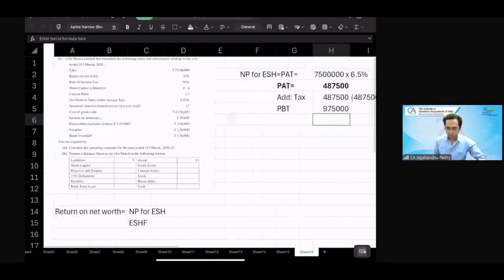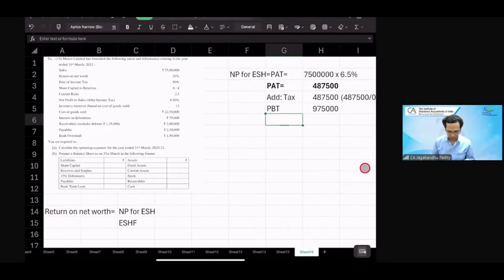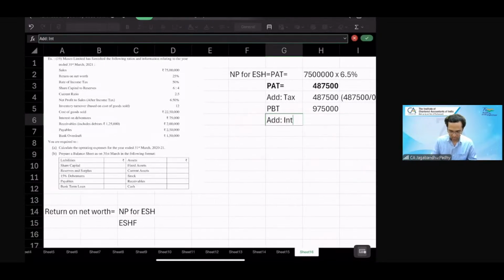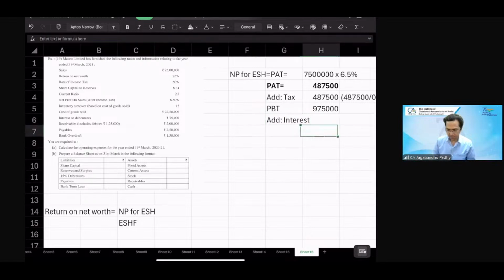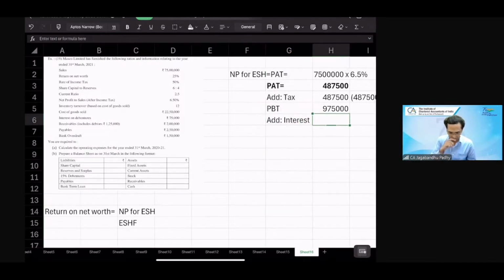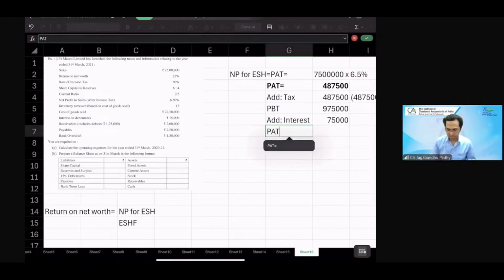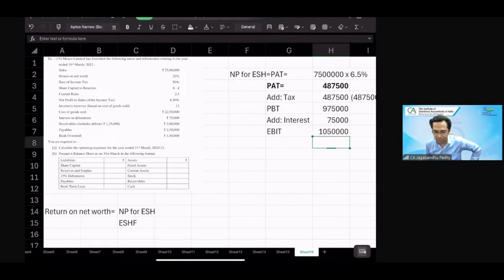How do I get the operating expense or EBIT now? For that, I need to add interest here. That interest is also given to us. Interest is 75,000. So when we add back the interest, we get the EBIT figure as 9,75,000 plus 75,000.